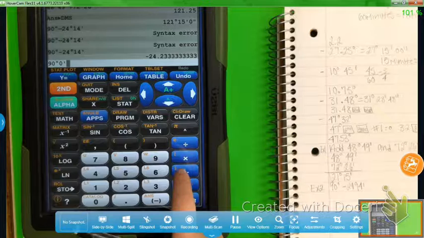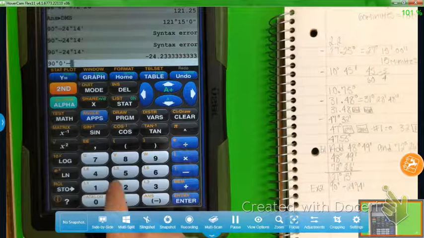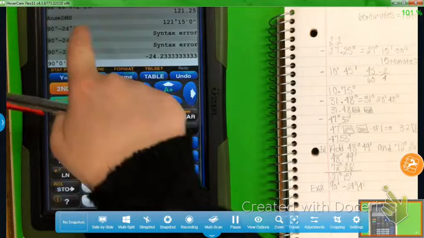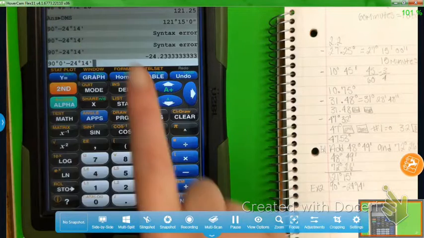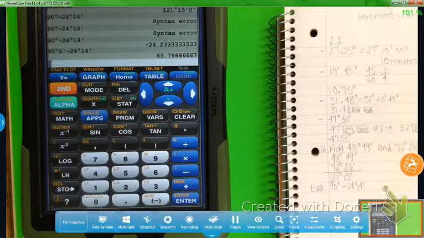Minus 24 degrees 14. Okay, try that. And now that's the correct answer, and change it to DMS notation.